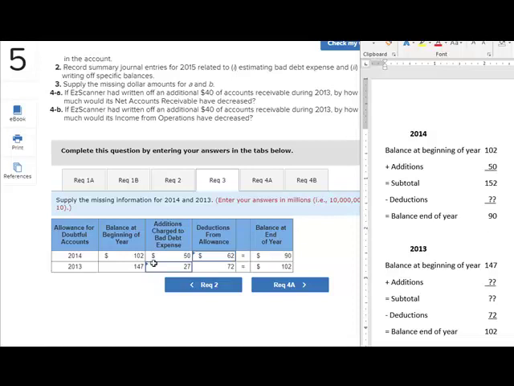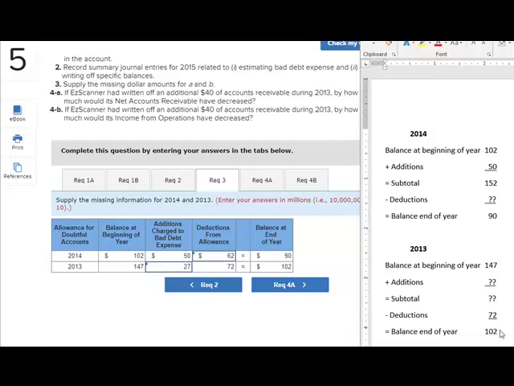So in this first row, we know the figures that we see, but we don't know this amount. However, we can figure it out because 152 minus this amount equals 90. So we can, of course, just take the difference to get this number. And then for 2013, we're missing this amount, the addition charged to bad debt expense.